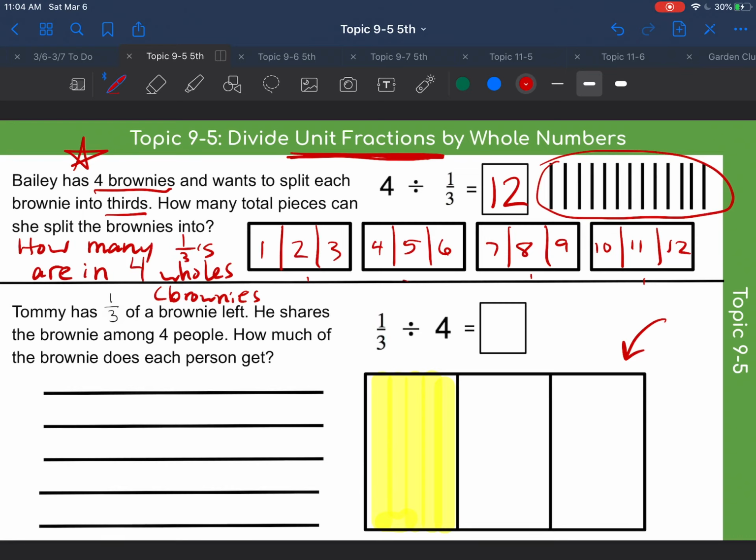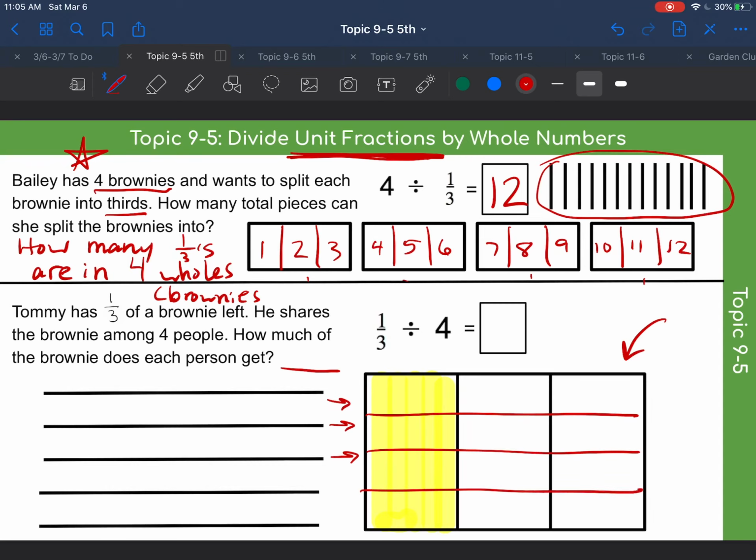Because we represented 1/3 this way, that means that we want to represent 4. We're going to split it into fourths horizontally. So we're going to drag 3 of these lines over, so we have fourths. And that's showing that we're splitting it into fourths.